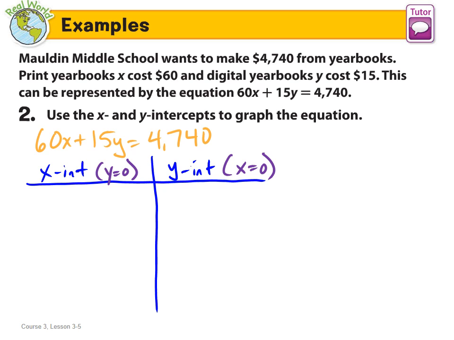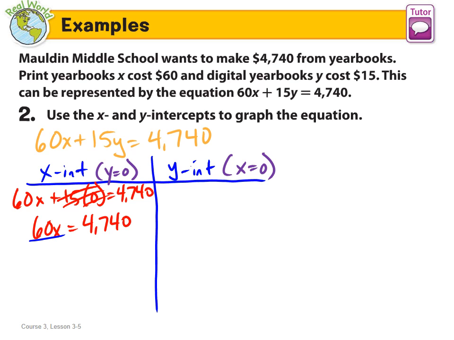So let's start with the x. I take 60 times x plus 15 times y, and again y is equal to 0, equal to 4,740. Obviously, 15 times 0 becomes 0, so I'm left with 60x is equal to 4,740.